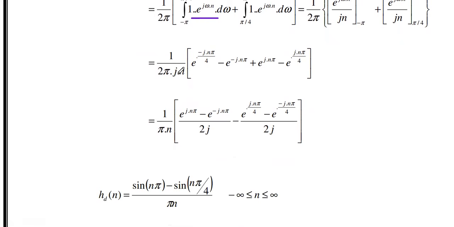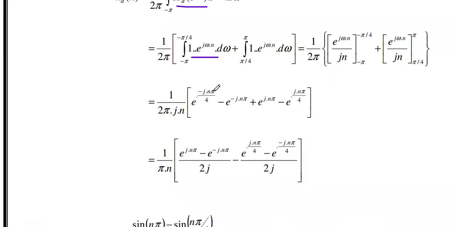So we can write 1 by 2 pi jn, e power minus jn pi by 4 and so on. We have to combine these two terms and these two terms. Combining first these two terms, we get e power jn pi minus e power minus jn pi, and this 2j, divided by 2j.